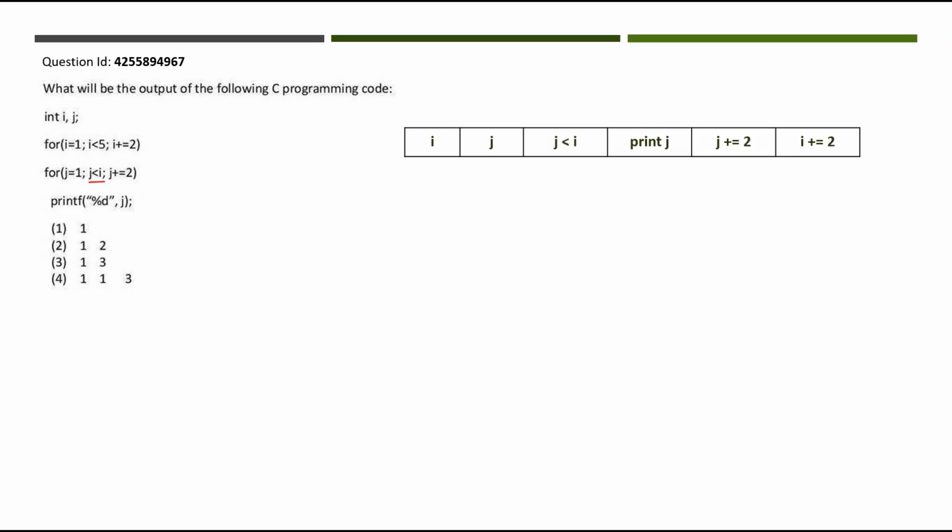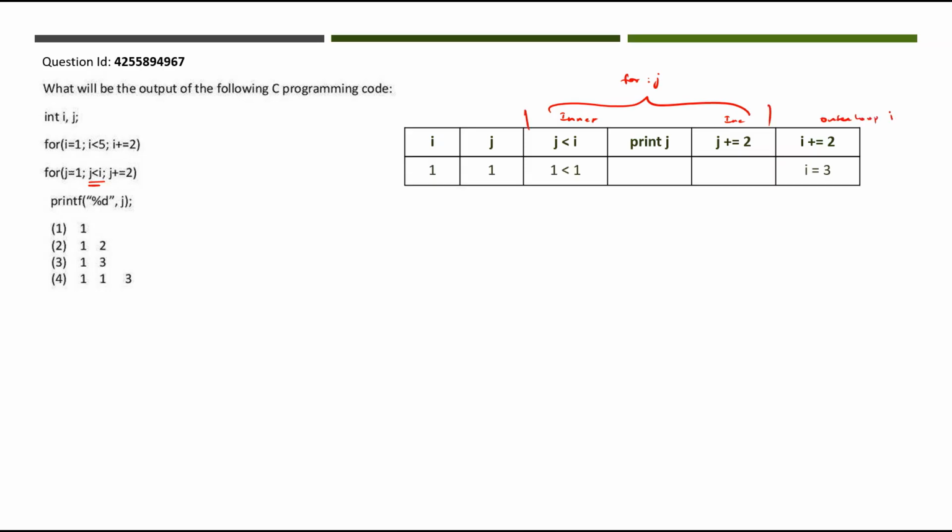So let's take the i value and j value. We will check j < i in the inner for loop first, and based on that we will see whether the statement is printing j or not. Then we are incrementing the inner loop here. So this is completely the for loop of j. And here this is the outer loop that will increment i.